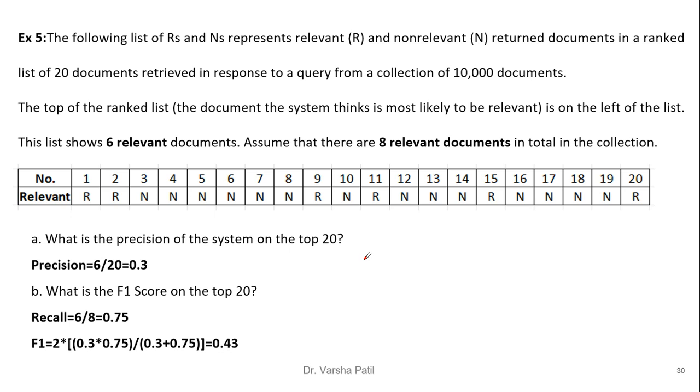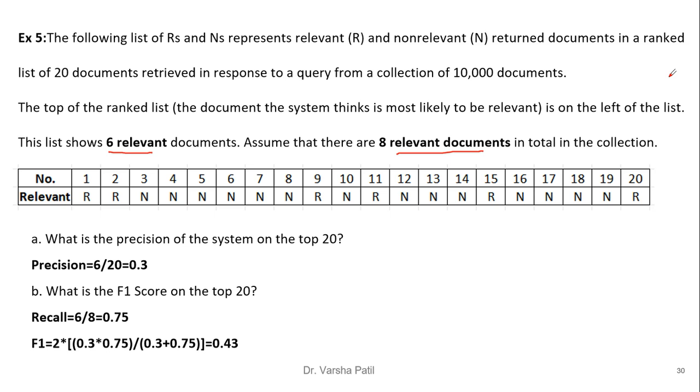Next example. The following list of R's and N's represents relevant and non-relevant documents in a ranked list of 20 documents retrieved in response to a query from a collection of 10,000 documents. Now the list shows 6 relevant documents. Assume that there are 8 relevant documents in the total collection.